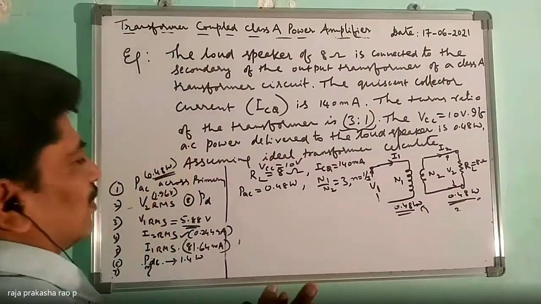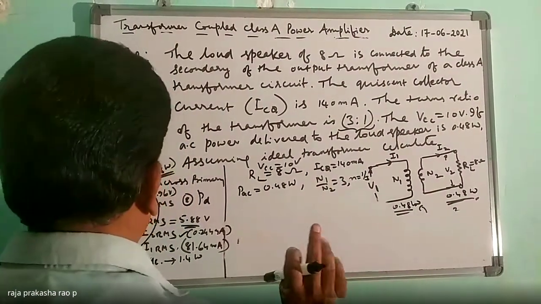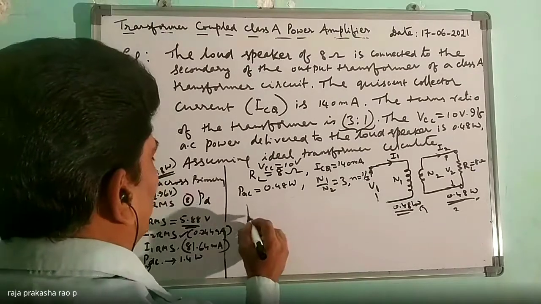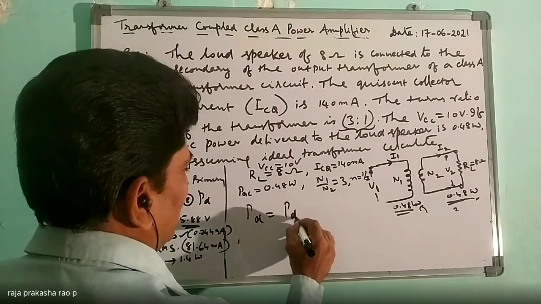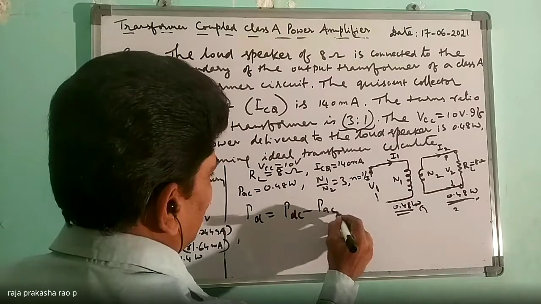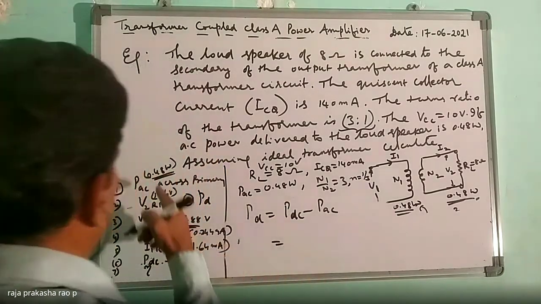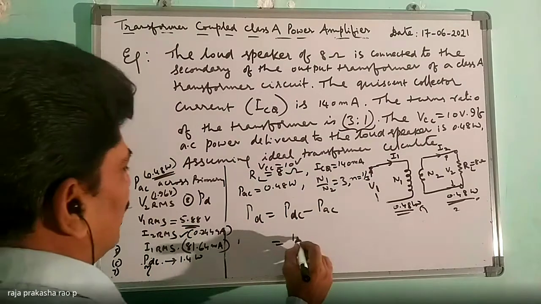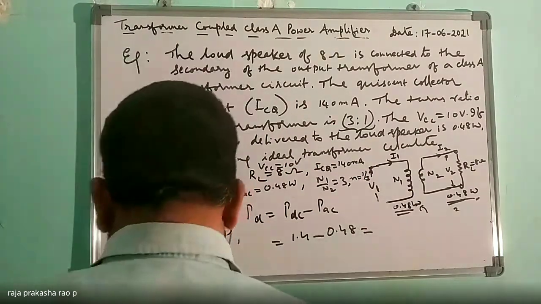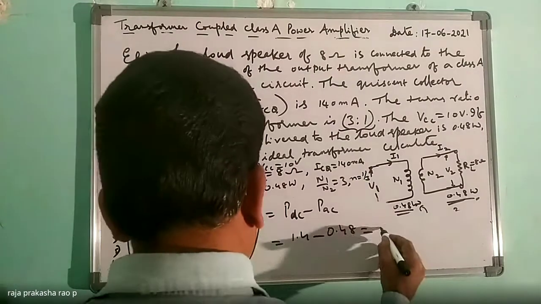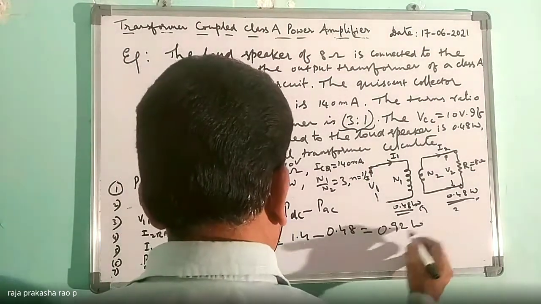Among the resistors, there is one load and one base resistor, where power is wasted. So PD, power dissipation, is equal to PDC minus PAC. PDC is 1.4 minus PAC is 0.48, which is equal to 0.92 watts.